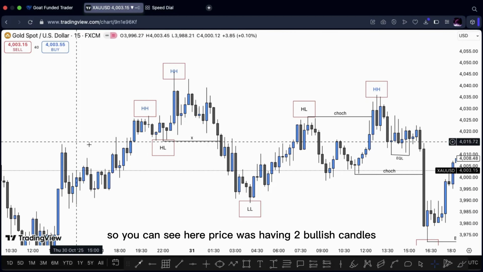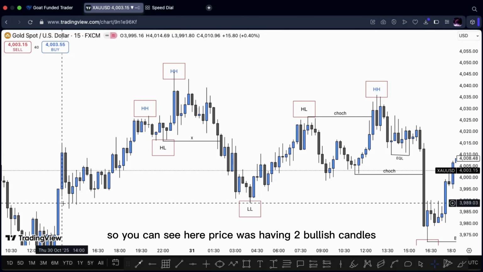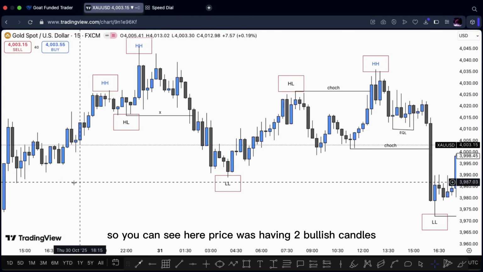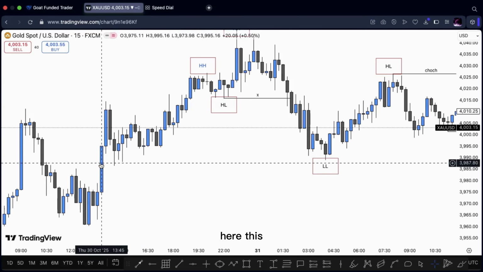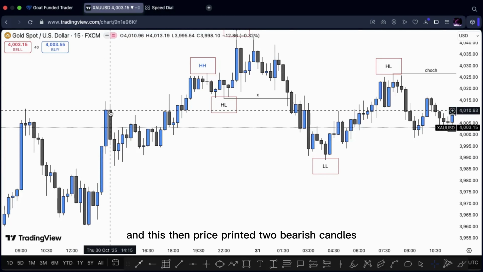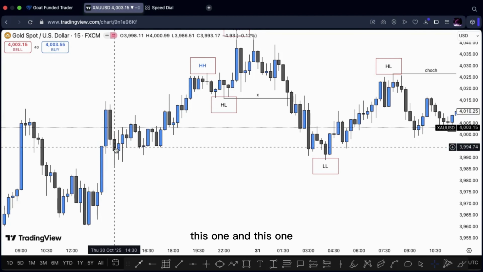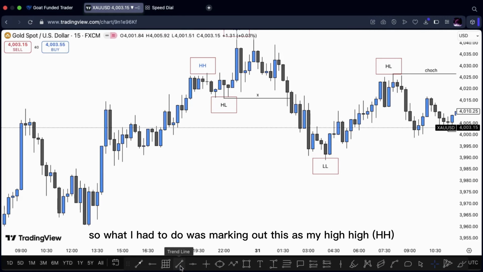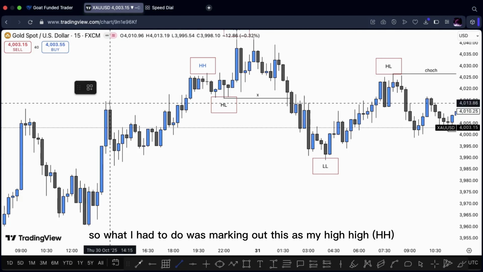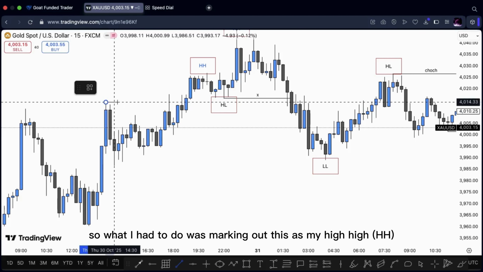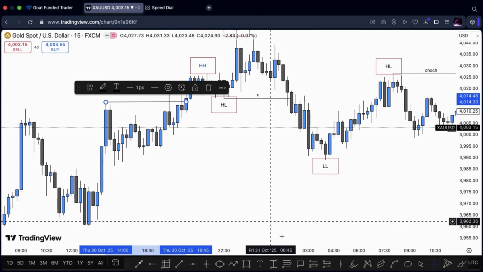So you can see here, price was having 2 bullish candles, this and this. Then price printed 2 bearish candles, this one and this one. So what I had to do was mark out this as my high.